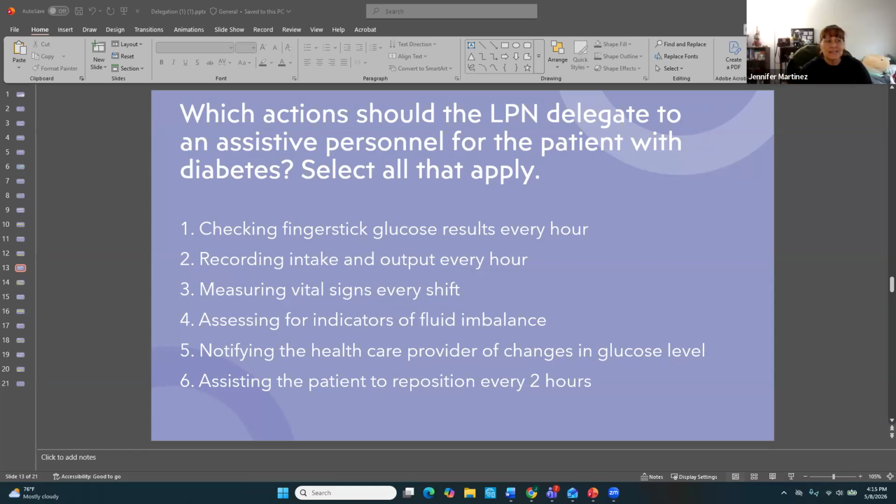Or 6, assisting the patient to reposition every 2 hours. What can we delegate to those assistive personnel?